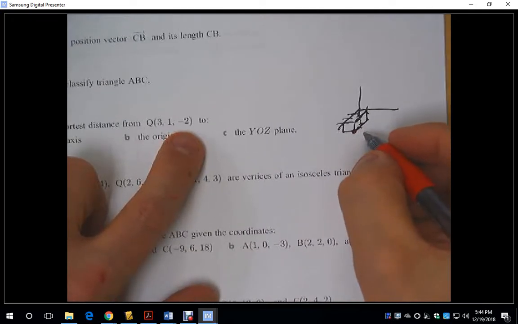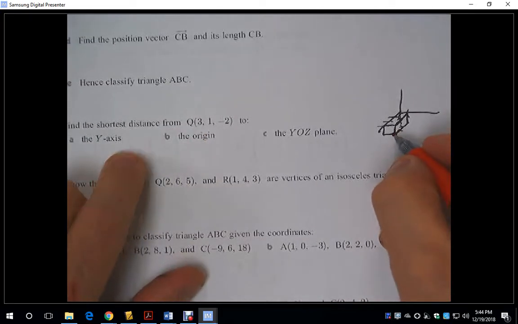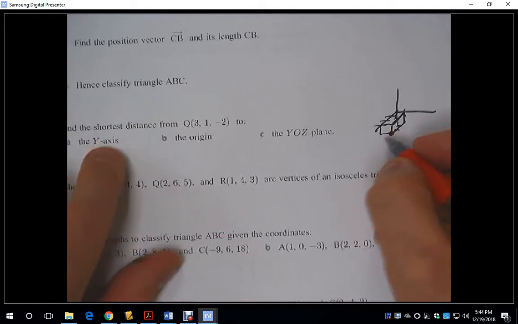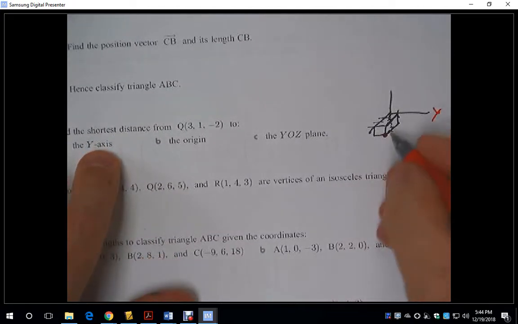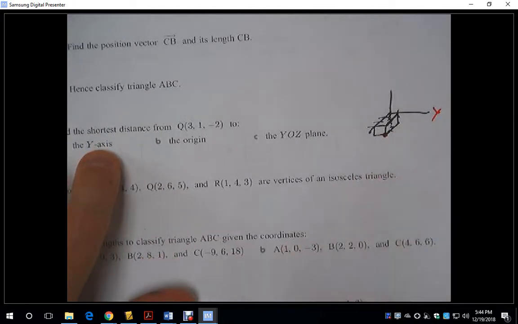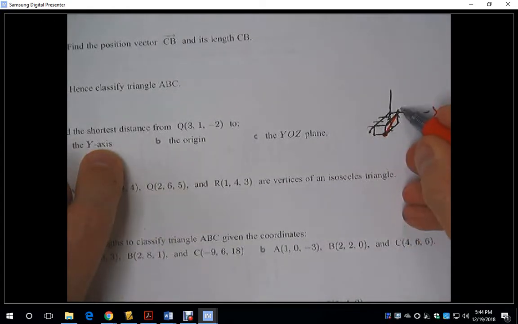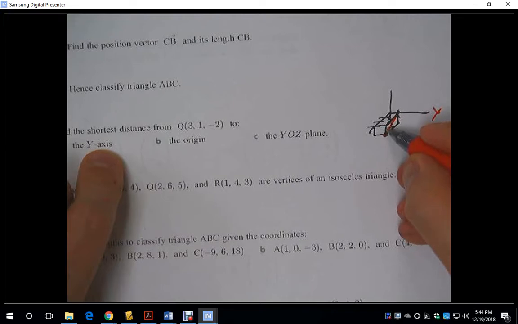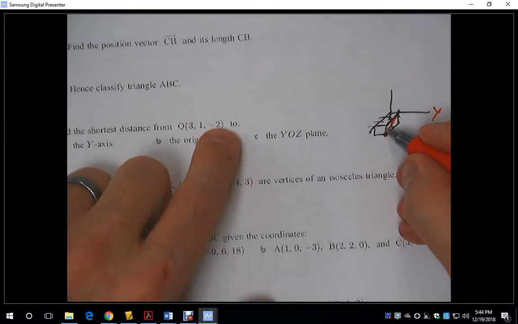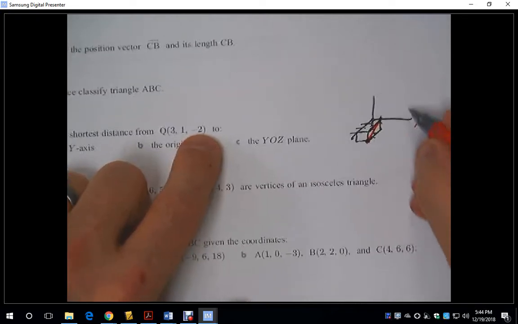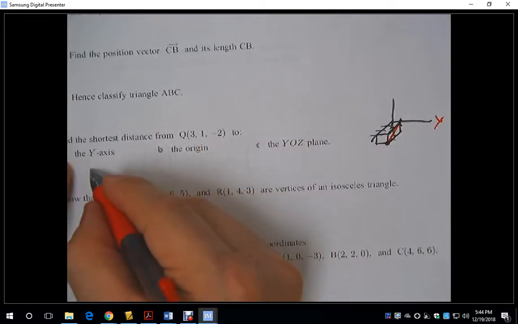So I want to find the shortest distance to the y-axis. This is my y-axis here. Well, the shortest distance to the y-axis is going to be this line here. How do we calculate that line? Well, this length here is -2, or 2. So we'll reconstruct this triangle.